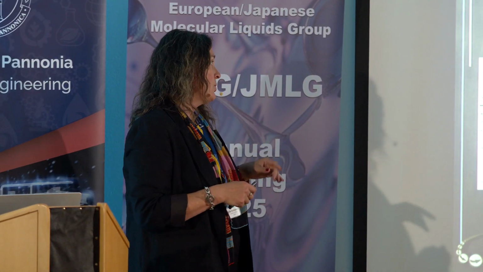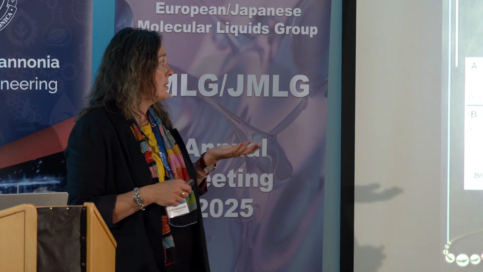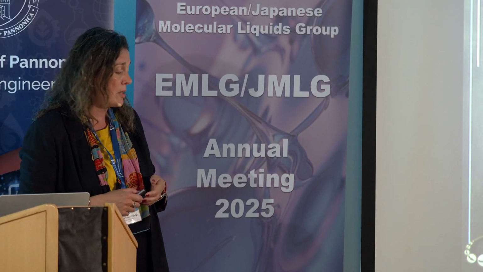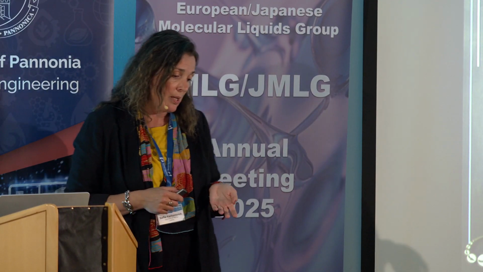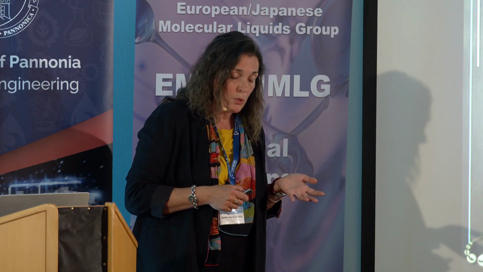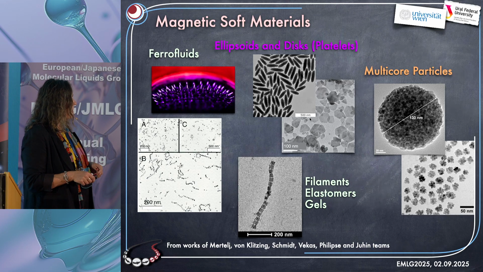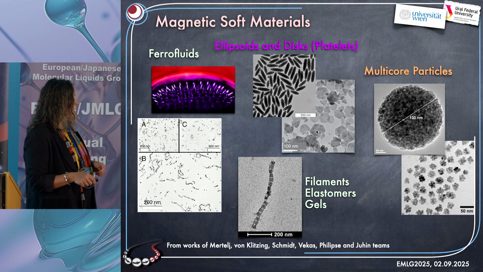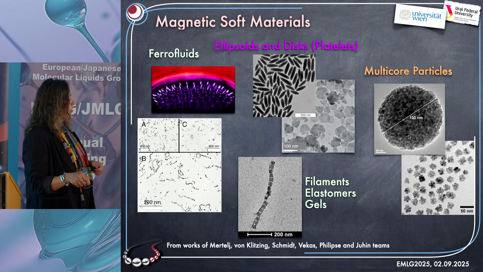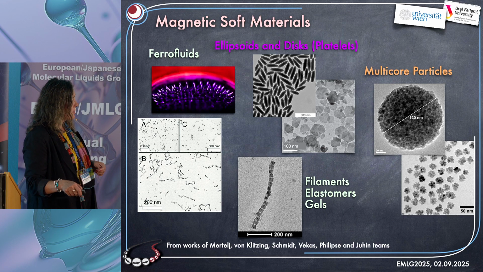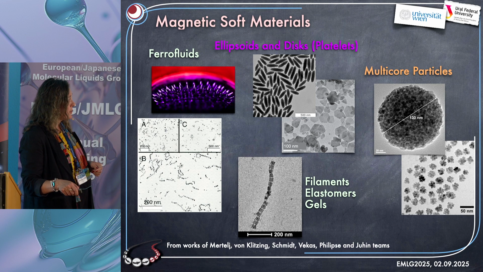And coming back to what I started with, the idea of biomedical applications is probably nowadays the most important one in the whole story of magnetic soft matter. So you can do particles like ellipsoids, platelets. You can take magnetic nanoparticles and glue them rigidly together to build multicore particles, or so-called nanoflowers.